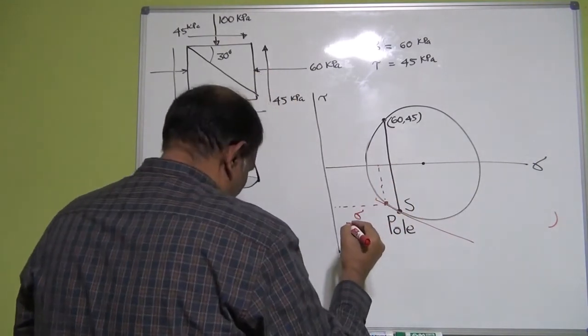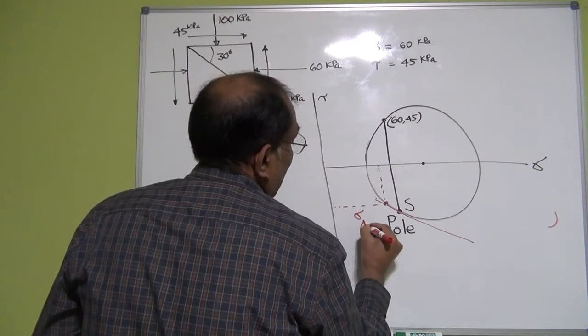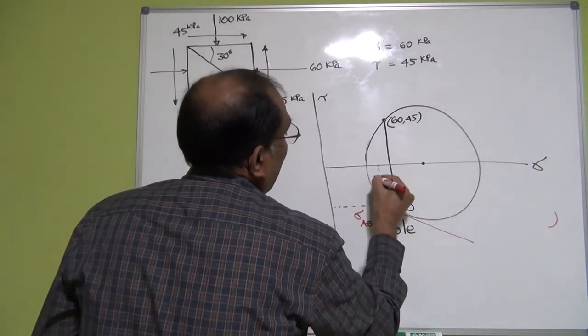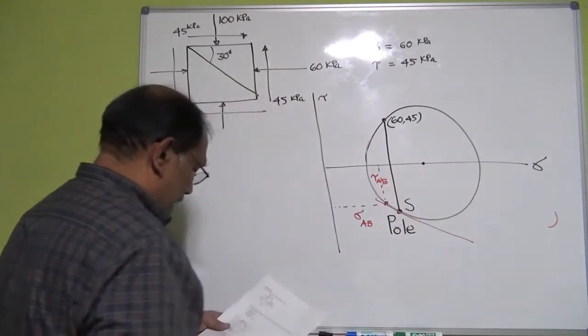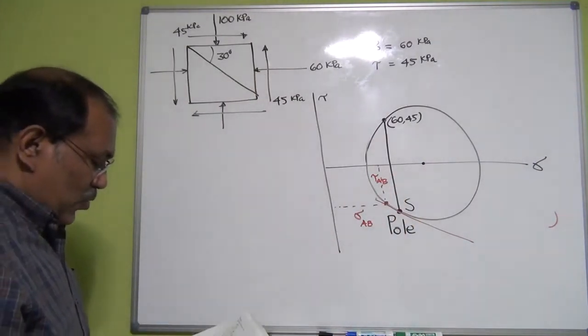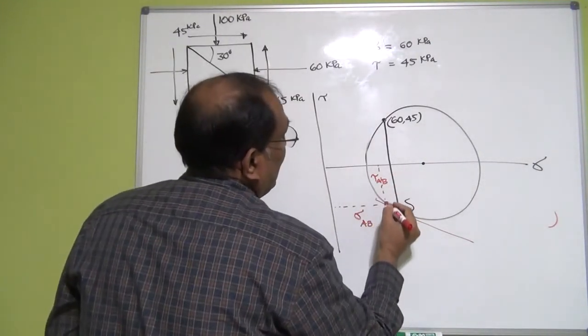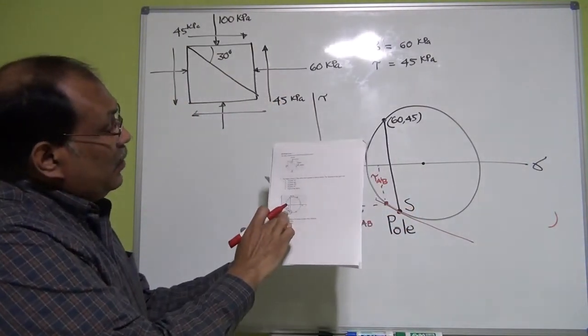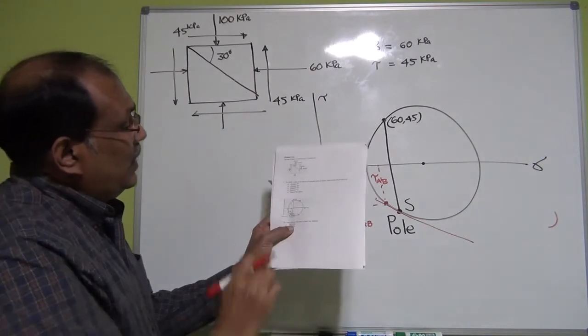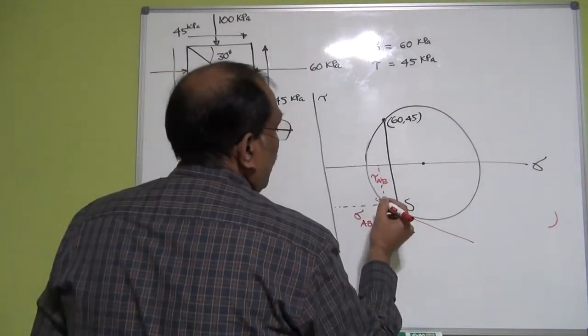So this is tau AB, sigma AB. Your shear stress at that point, if you see the graph, is minus 40.